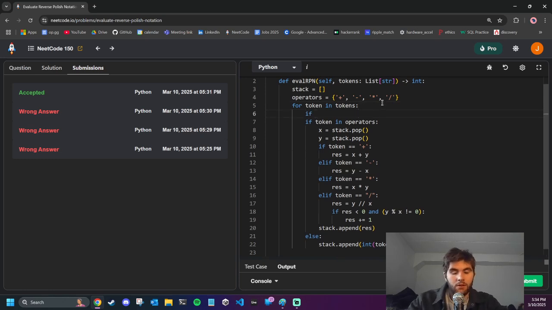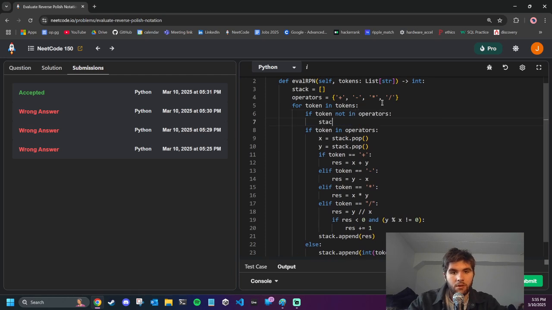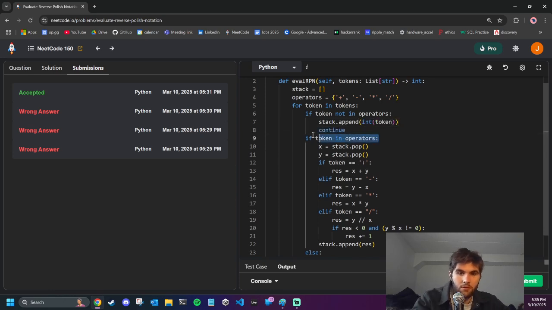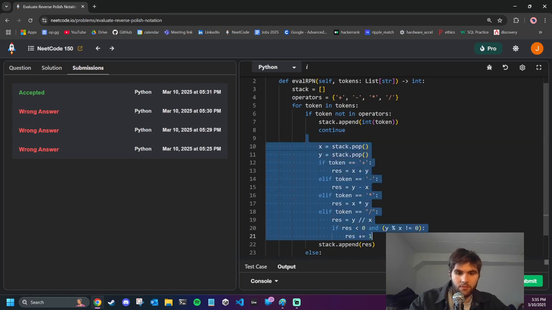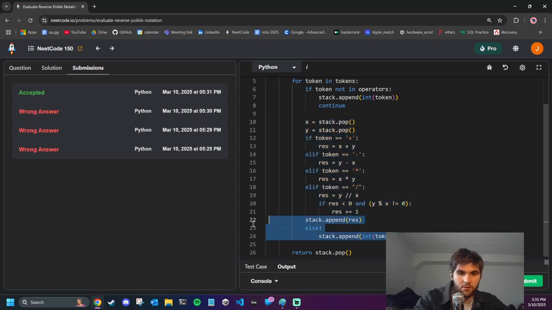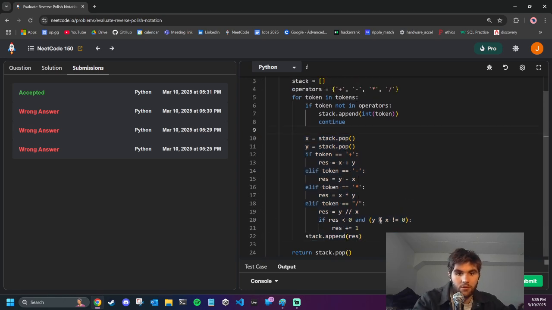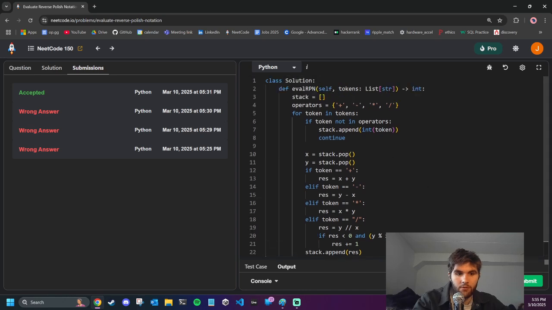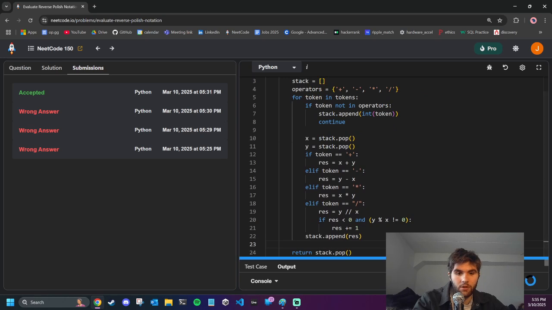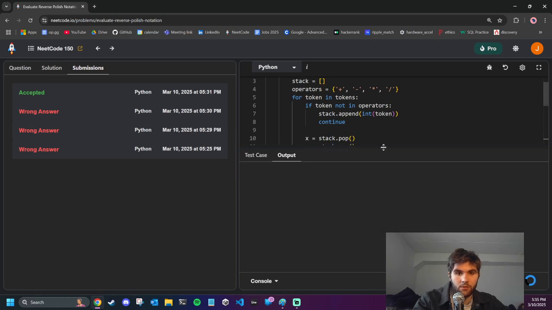Maybe I could say if token not in operators. Maybe this would be better. So this is the general case. All right, yeah, I think that looks a lot better. It should still work.